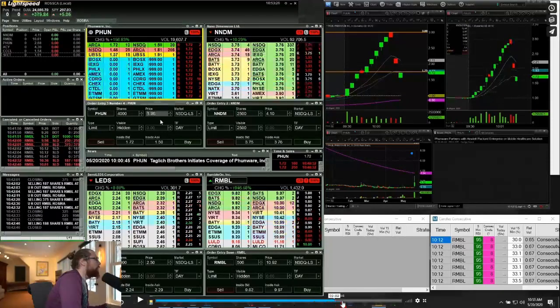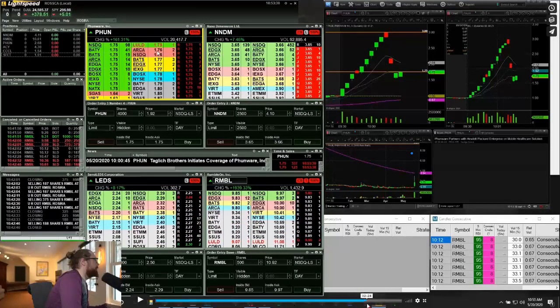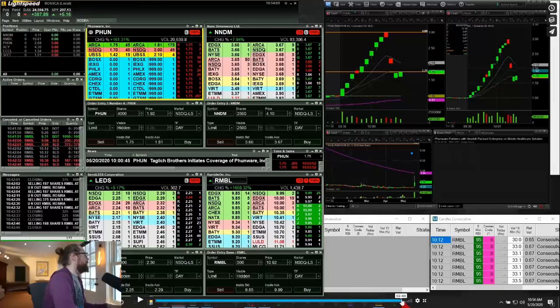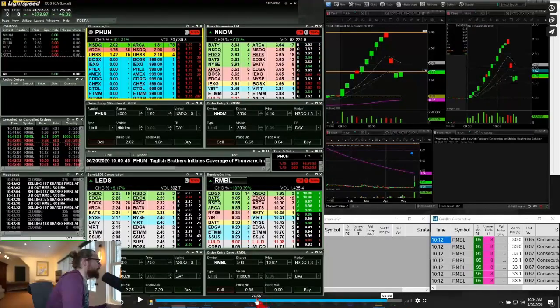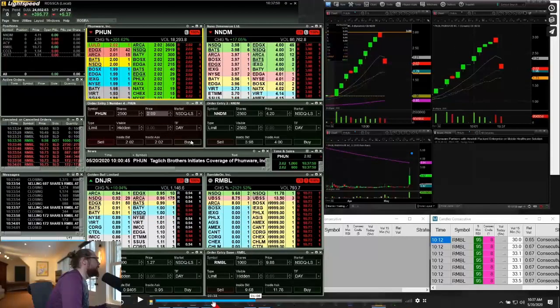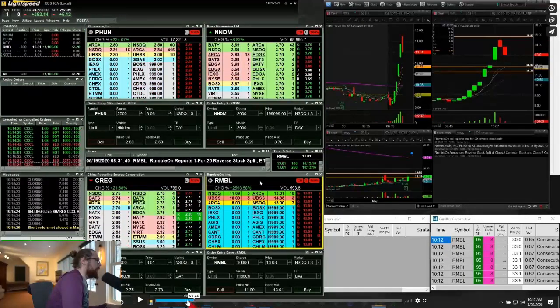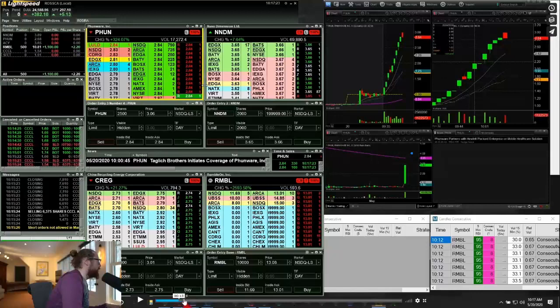So I think what I might have done on this. Now, this doesn't feel like it's the right one, unless it was RMBL, but I don't have the chart up on RMBL. Okay, well, let's look at RMBL for a second. So RMBL, I've got 500 shares at 1081.